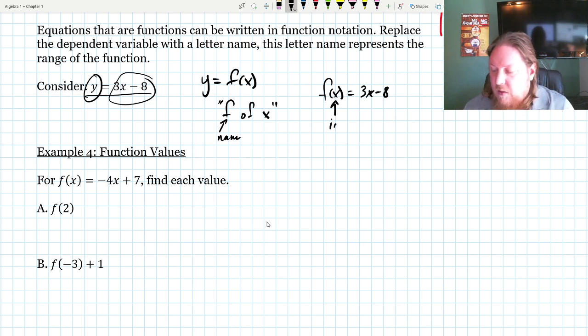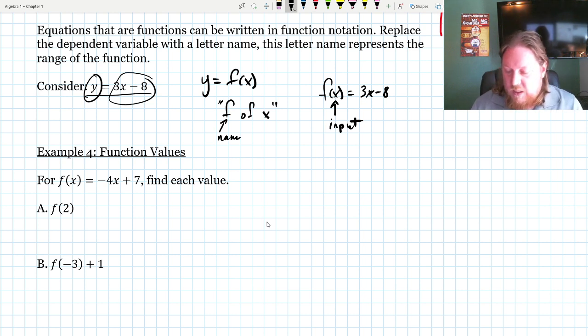Whatever's in the parentheses with the x is the input. So when I go to try to evaluate these functions, like I'm going to do on example 4, f of x equals negative 4x plus 7, and we're going to try to find each value. So what I'm reading here is f of 2, is how I'd read that out loud.